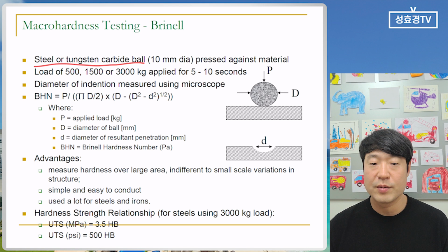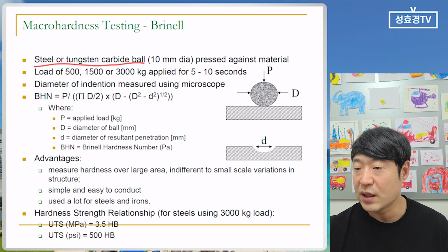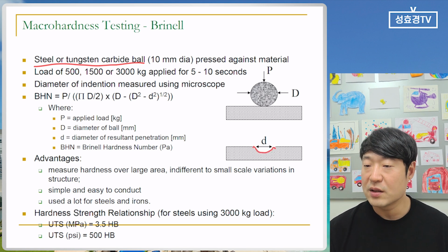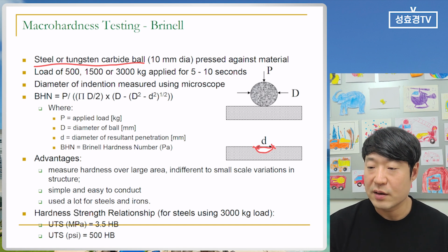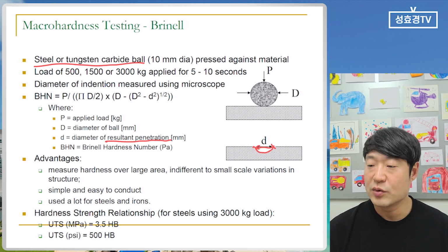So it is a little bit long time, and a high load is applied for this part. And we can see that here is some indent area, and then we can measure that diameter. Using the diameter of the ball and the diameter of the resultant penetration, we can just calculate the hardness.